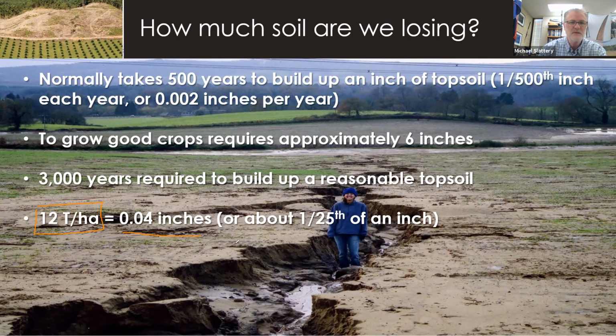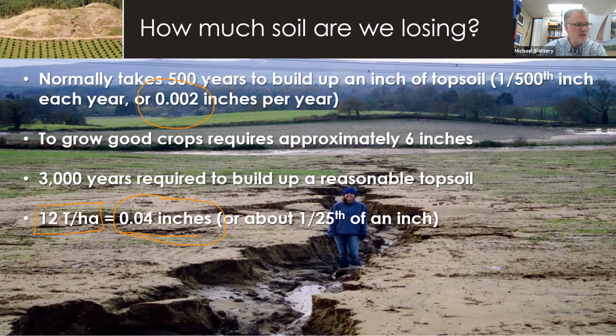Everybody with me? Or about 1/25th of an inch. 1 divided by 25 equals 0.04, or 1 divided by 0.04 equals 25. So we are losing soil on average in the US at about 0.04 inches per year. We're forming soil at 0.002 inches per year.